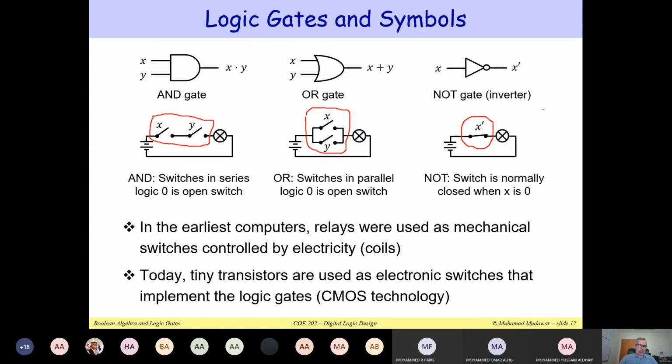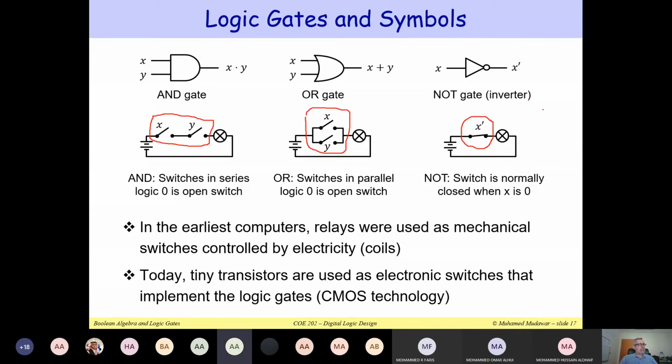So the technology which is being used today is what is known as the complementary metal oxide semiconductor, CMOS technology. This is the type of technology which is used to implement these transistors, and these transistors implement these gates. Now, in this course, we're going to focus at the gate level. We're going to use these logic gates to implement circuits.